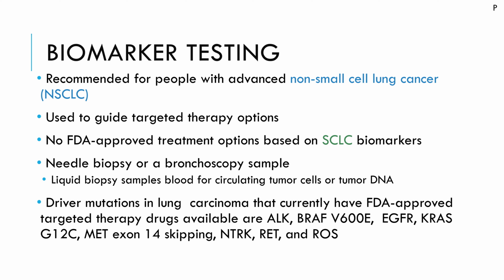This is primarily used to monitor metastases. In biomarker testing for lung carcinoma, there's a number of approved and targeted biomarkers and subsequent targeted therapies, and there's a list very similar to what Matthew had presented before, so I'm not going to go through it.